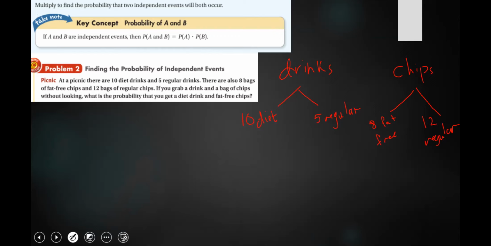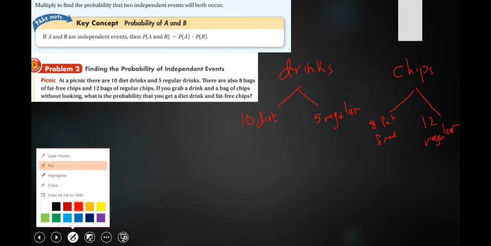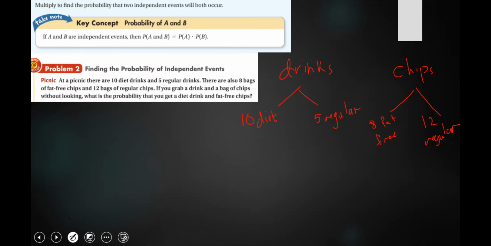So look here, you have 2 boxes. You go to the picnic, you have 2 boxes with you. One of the boxes contains 10 diet with 5 regular drinks. So how many drinks do you have? You have 15 drinks, 10 plus 5. And you have also a box of chips. In this box of chips, you have 20 bags of chips.